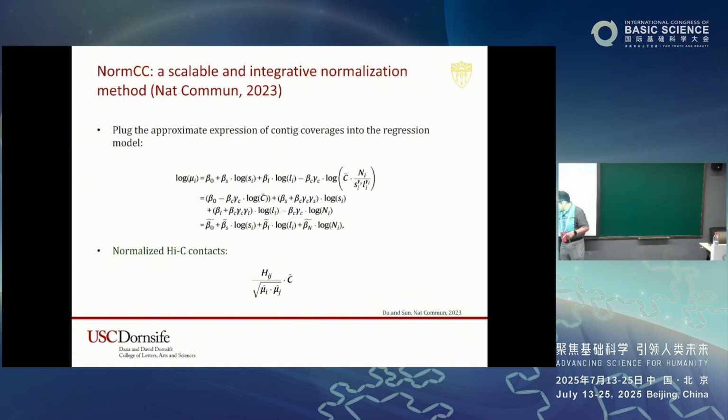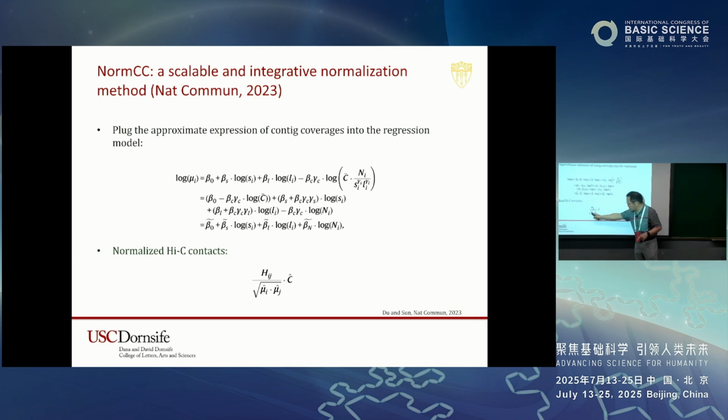We use this to normalize. We just have the estimates UI and UG, and we just use them for the expectation. We just assume that these two are independent.